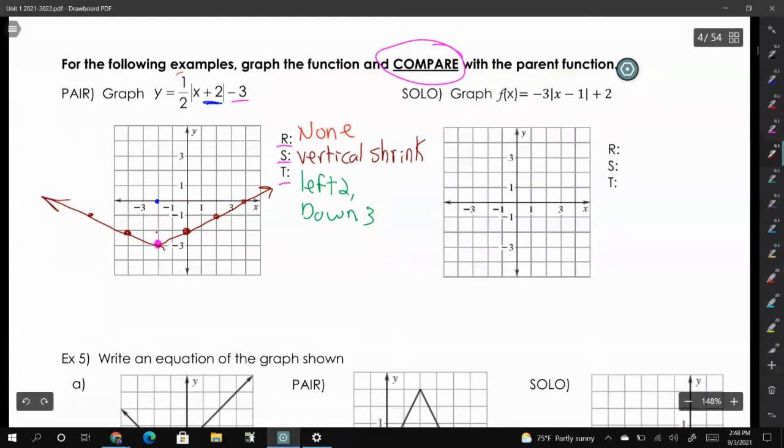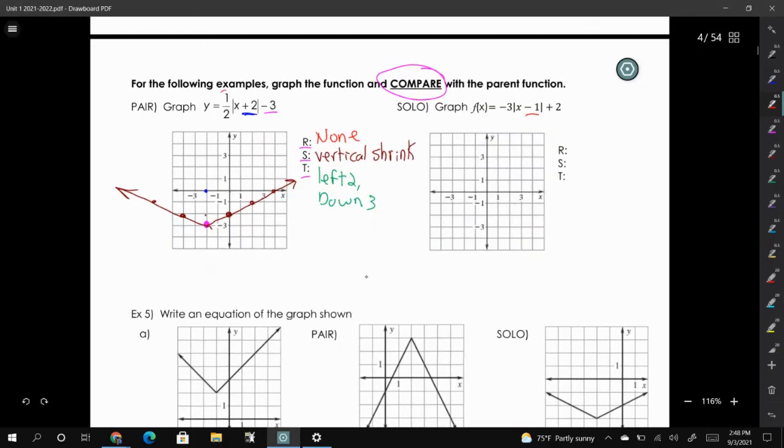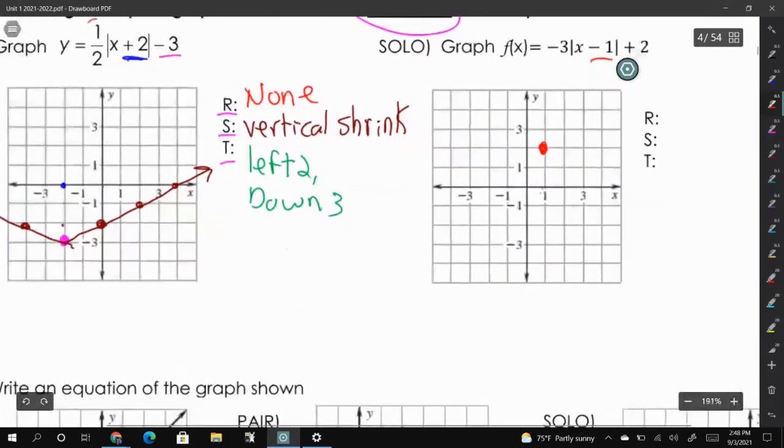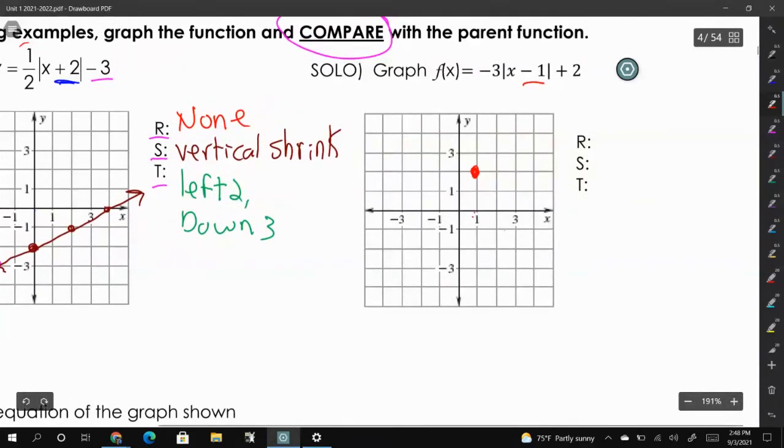This one over here, we have a -1, so we're going to go right 1, and a +2 means we're going to go up 2. So there is our vertex. It is right 1 and up 2.